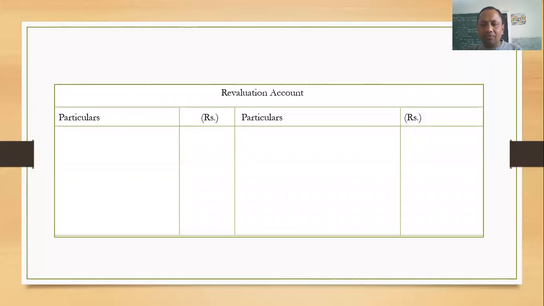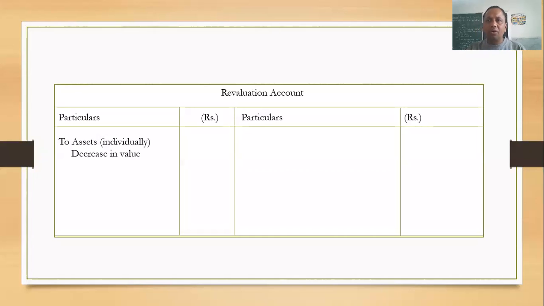On the debit side of the revaluation account, we write the decrease in the value of assets. While the value of an asset is decreased, that is shown in the revaluation account on the debit side. For example, in the balance sheet the value of fixed assets is given as 80,000 and in the additional information, the fixed asset depreciates by 10%.